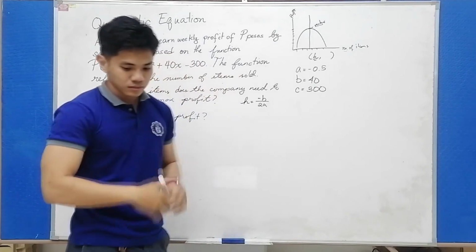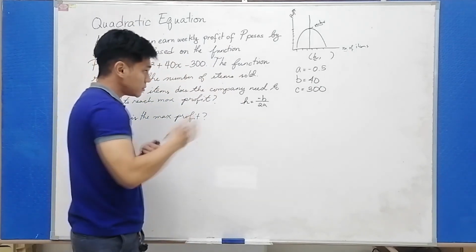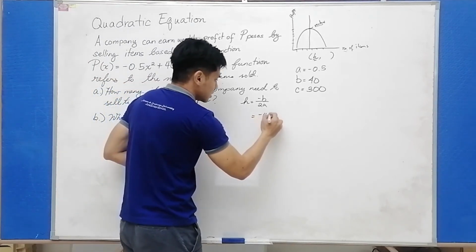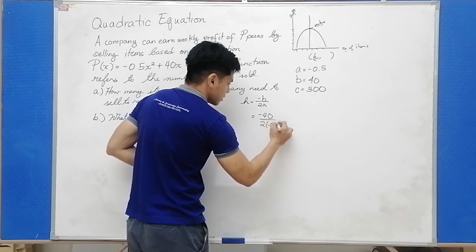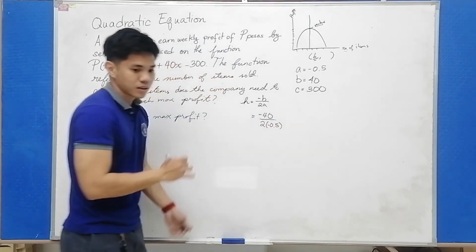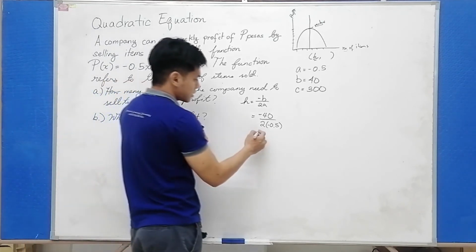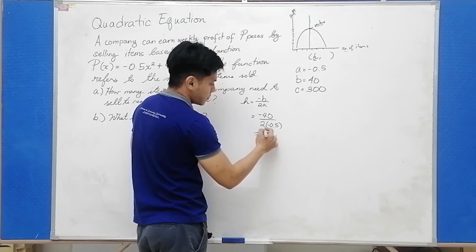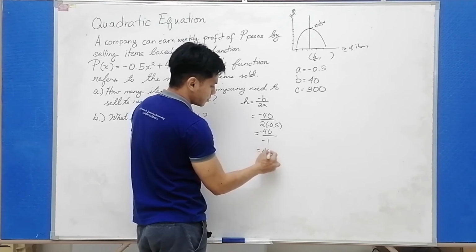Okay, so looking at this problem, we just have to substitute. So we have negative 40 all over 2 times negative 0.5. Negative 0.5 times 2 will give us negative 1. So negative 40 over negative 1, we have 40.